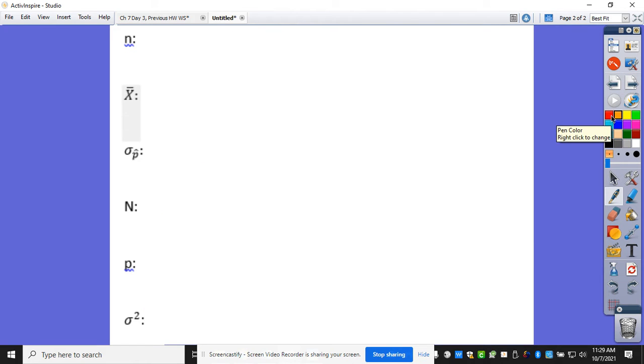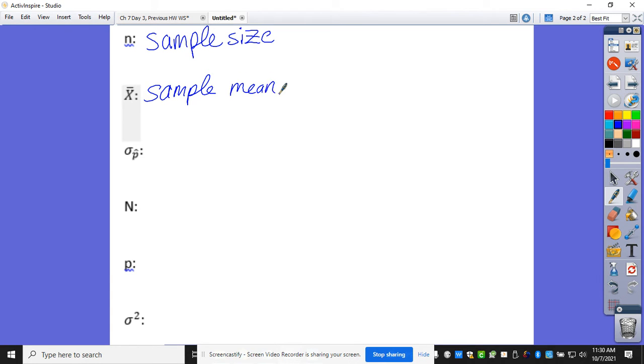Lowercase n is what? Sample size. Can't do sample population. No, that's complicated. What is X bar? Sample mean. What is sigma of p hat? Standard deviation.